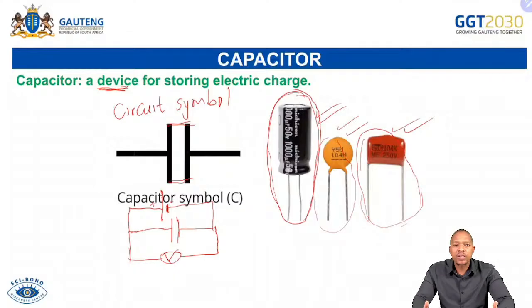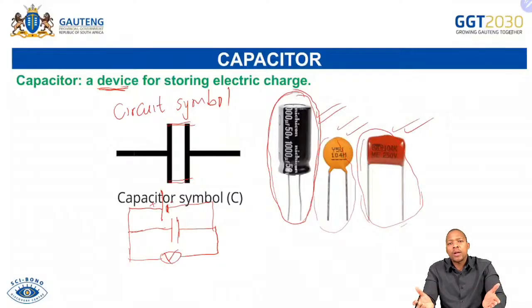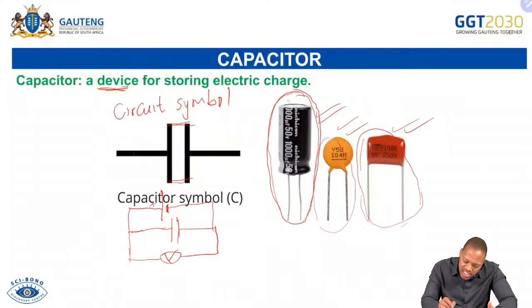Over time, some of us have opened them up, and inside there is that green thing they call the motherboard. It has these things. You've been looking at these things and you didn't know what they are. These are capacitors.